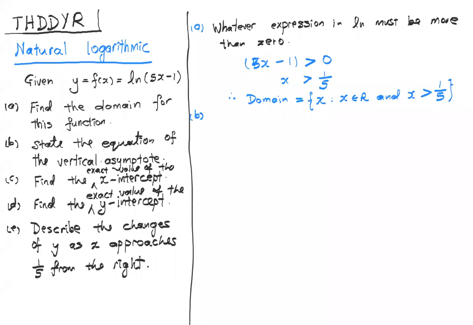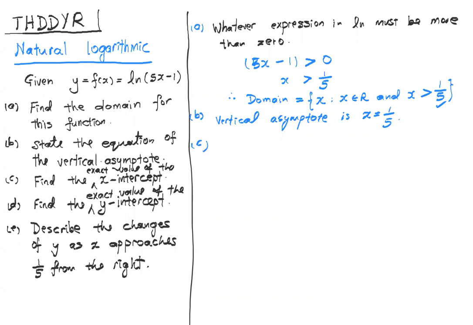So therefore, the vertical asymptote is x equal to 1/5. You get it from here. Are you clear? Any question before I go to the next part? So far, so good? Okay, let's go to part C.